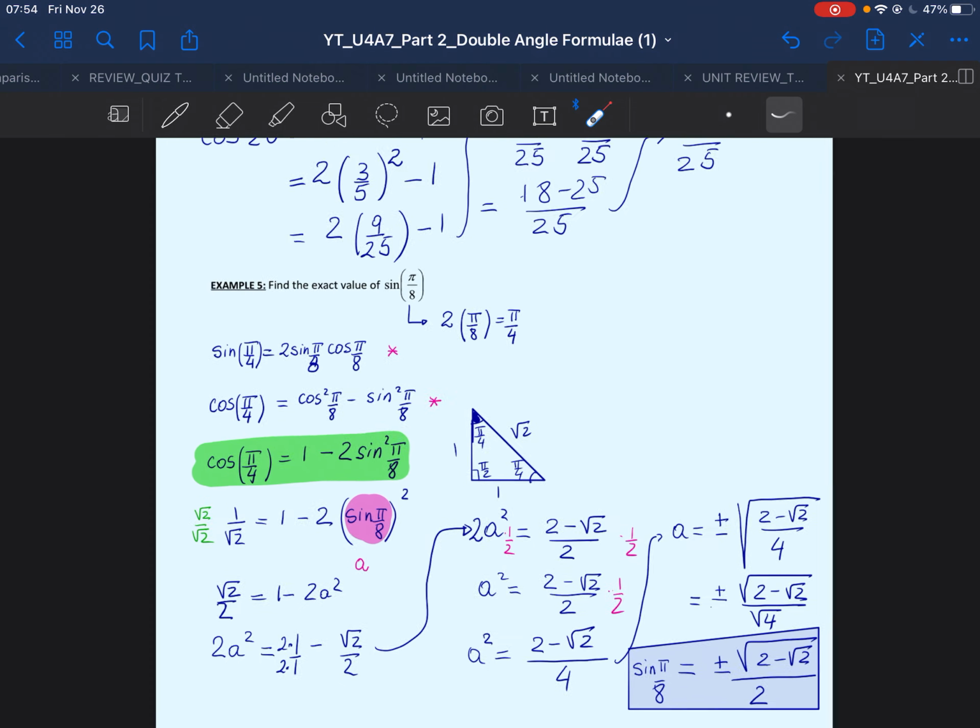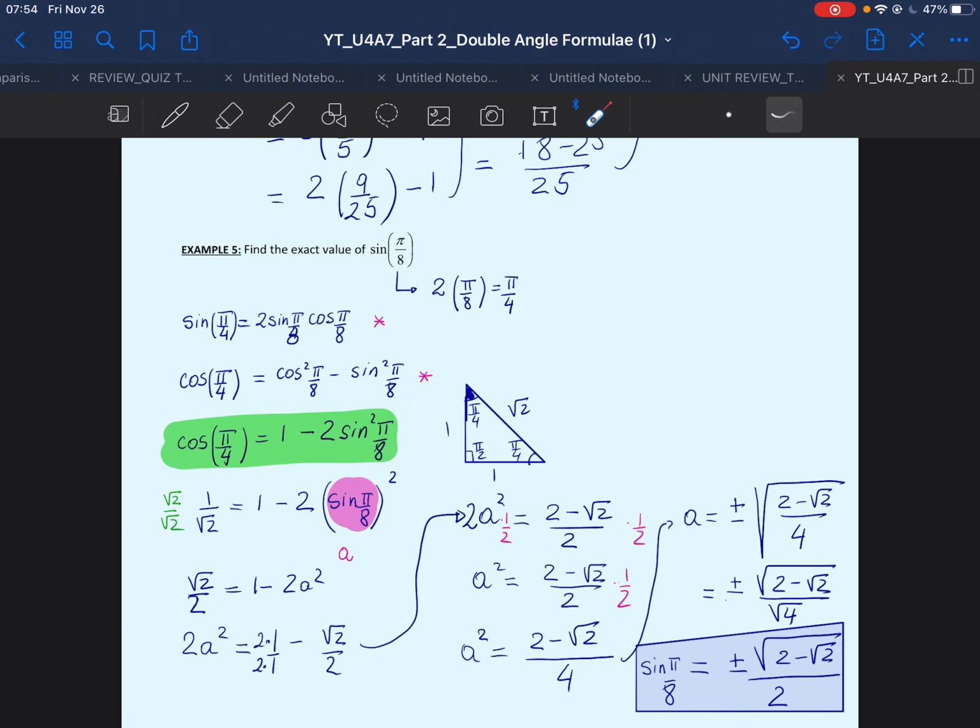Remember that the angle pi over 8 is in quadrant 1 because it's 180 divided by 8. So here we go, we have the angle pi over 8. So angle pi over 8 being in quadrant 1 tells us that this angle will have a positive sine ratio.